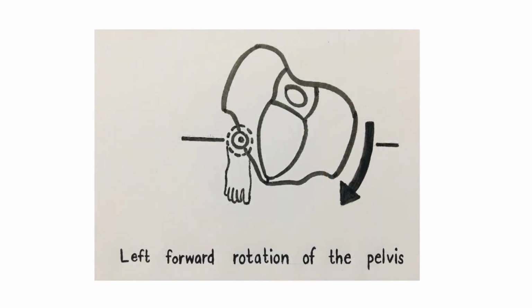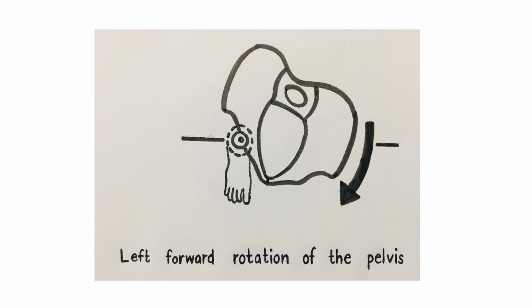Forward rotation of the pelvis. Rotation in the transverse plane around a vertical axis commonly occurs in single limb support around the axis of the supporting hip joint. Forward rotation of the pelvis occurs when the side of the pelvis opposite to the supporting hip joint moves anteriorly.